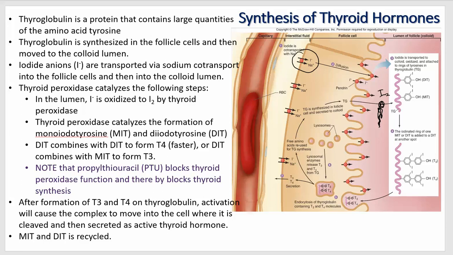And then after they are turned into that I2 form, then they will form what's called mono and diiodotyrosine. Okay, so here's what we're looking at here.